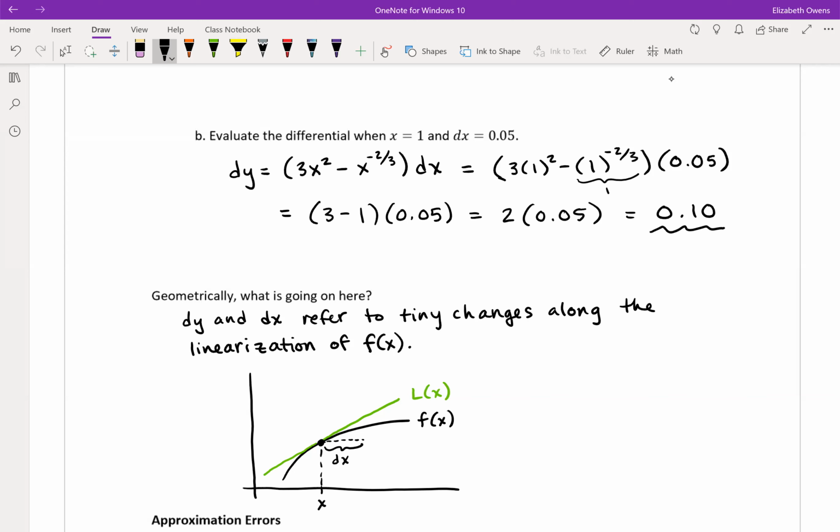Okay. And that little change in x causes movement along the linearization. If x moves that far, your point on the linearization would be up here. And so that in turn has caused a little change in the y direction. And that is our differential dy.